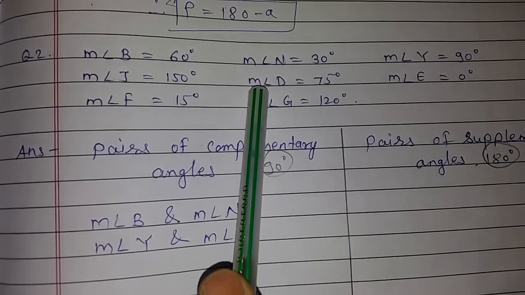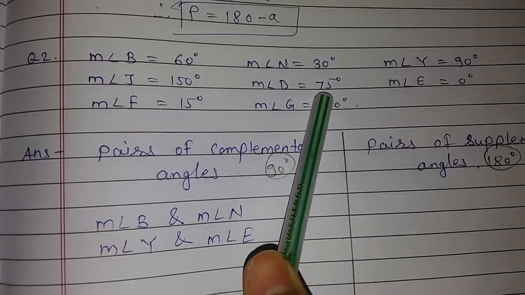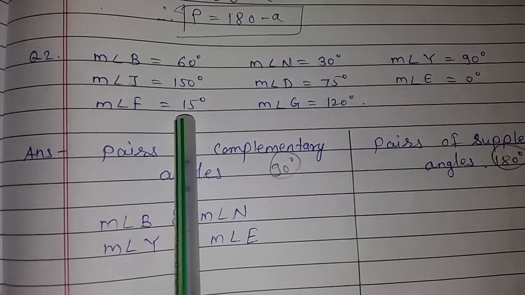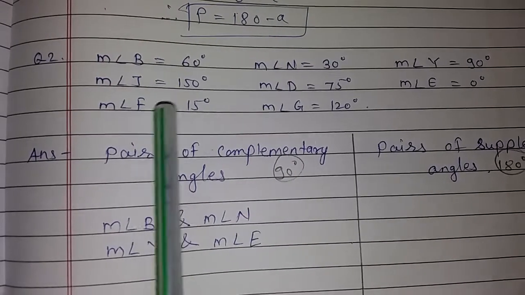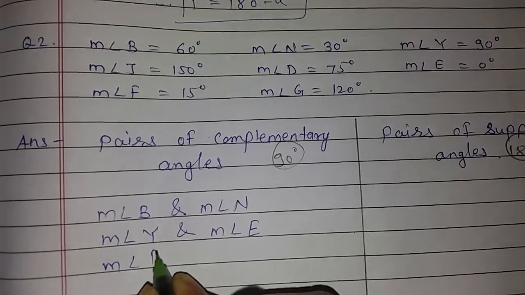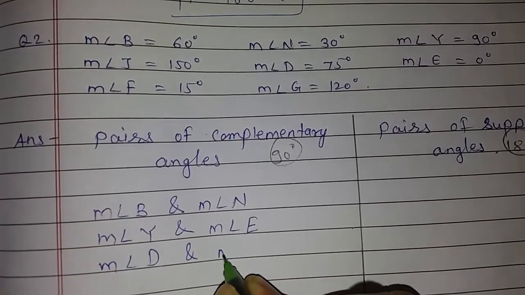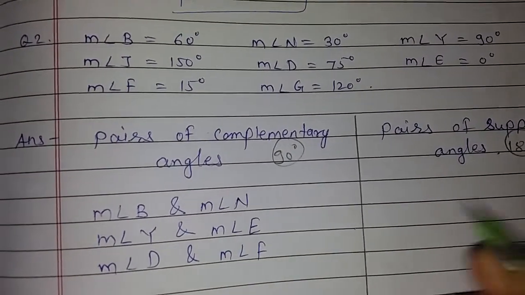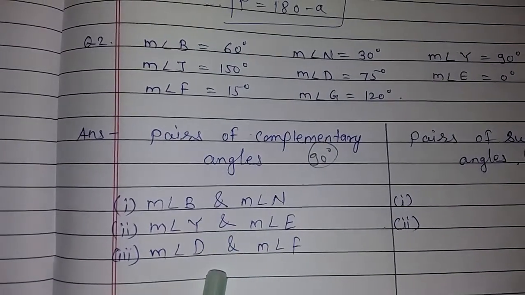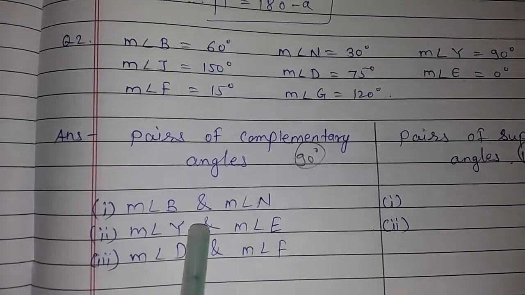Now again, measure angle D is 75 and measure angle F is 15. 75 plus 15 is also 90, means this is also one pair, measure angle D and measure angle F. See here only 3 pairs of complementary angles.